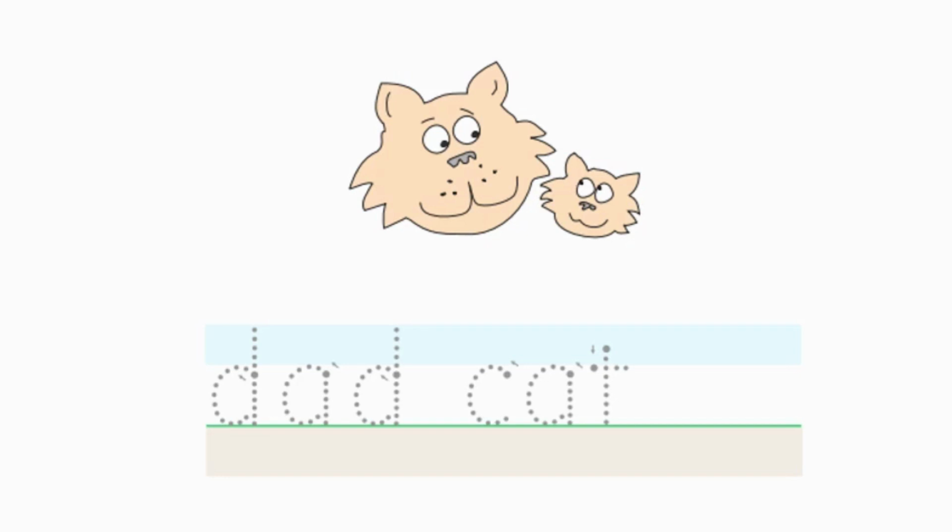Dad cat. So dad is a word and cat is another word. So we have to write words separately. So D-A-D makes the word dad. And there should be a space, and you have to write C-A-T, cat.